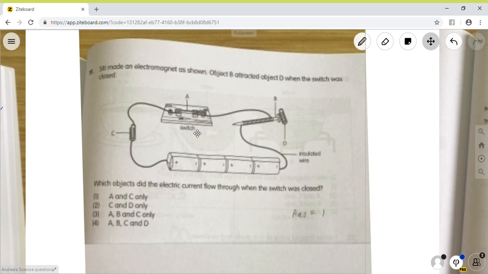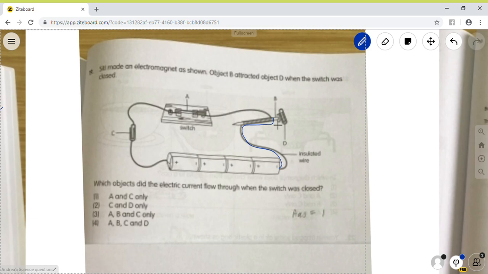Okay, which objects did the electric current flow through when the switch was closed? Object B attracted D. Okay, so electric current from here it will pass through, now, did they pass through which object?